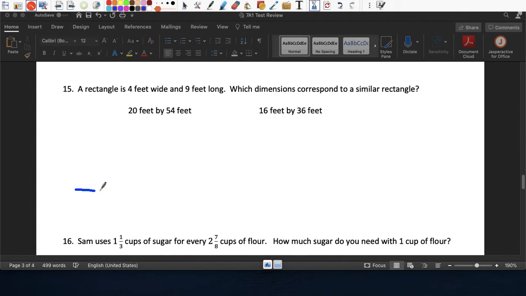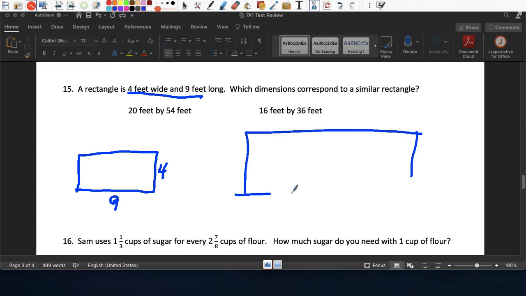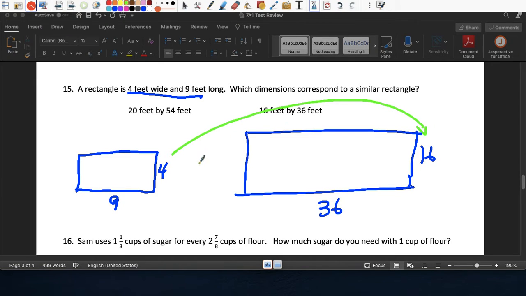So again, let me use the 4-9 rectangle, right? And let's look at the second rectangle that they drew. It's 16 here and 36 here. Did they increase that by the same factor? 4 times what? 16, times 4. 9 times what? 36, times 4.